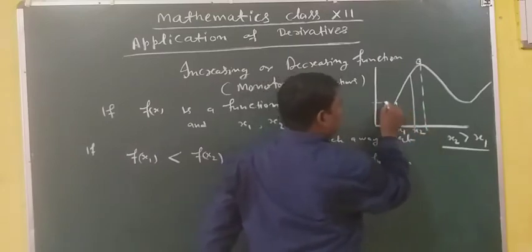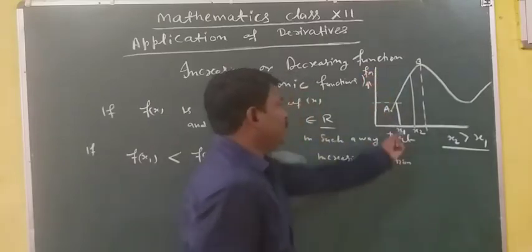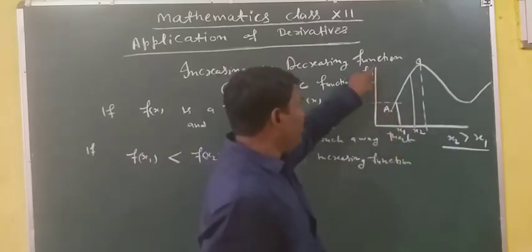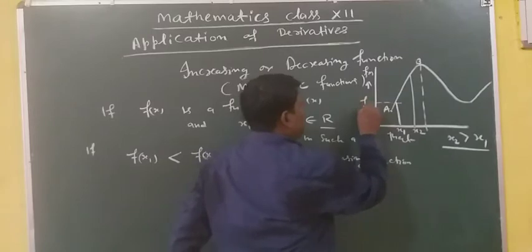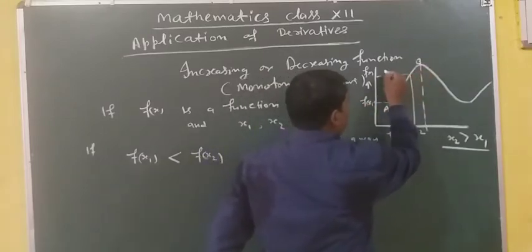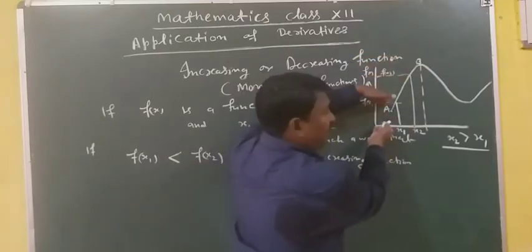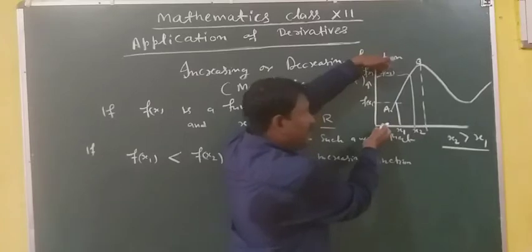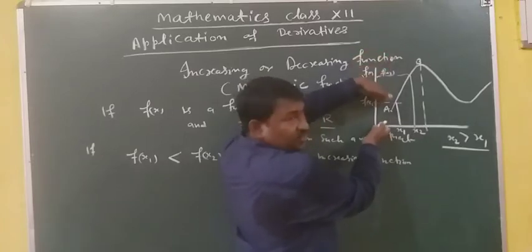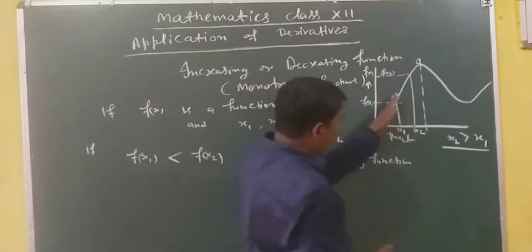Here f(x1) is this value and f(x2) is this value. Obviously f(x2) is greater than f(x1), where x2 is greater than x1, so this function is increasing.